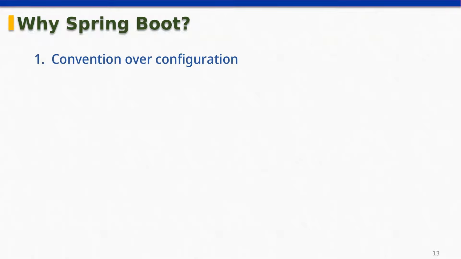I want a simpler configuration than that. So what we have done is we have removed all the configuration steps. Very minimal configurations we have to do in Spring Boot so that we can create the web application. So it's convention over configuration, so that you will concentrate only on the business logic.